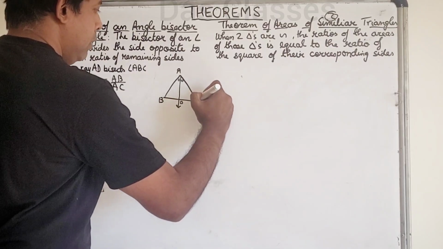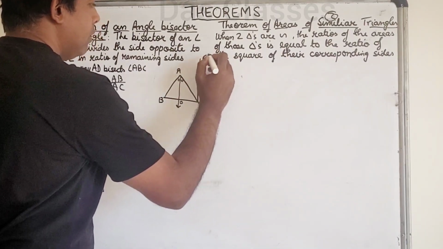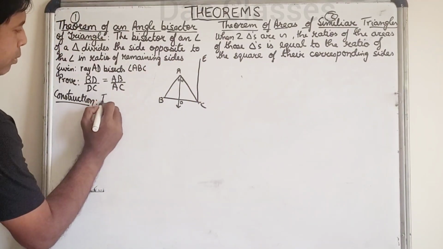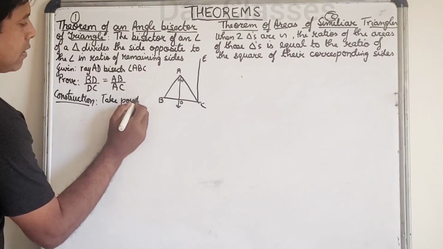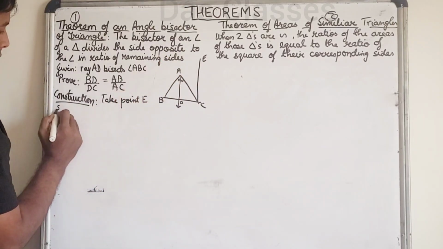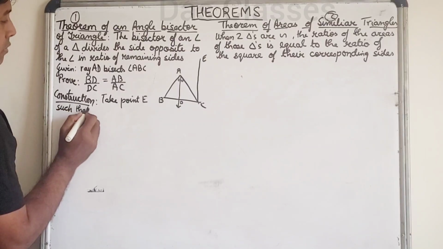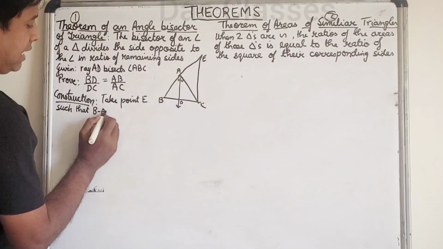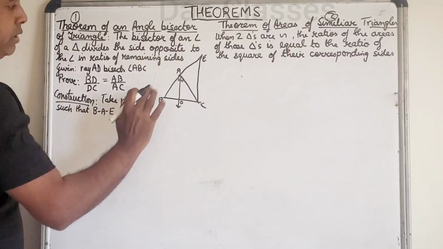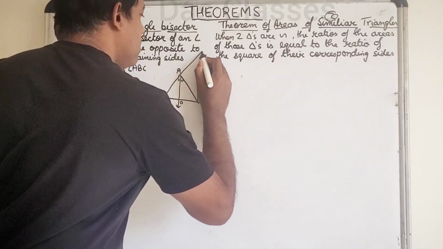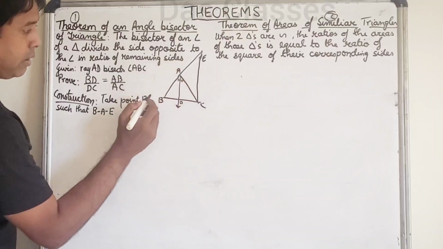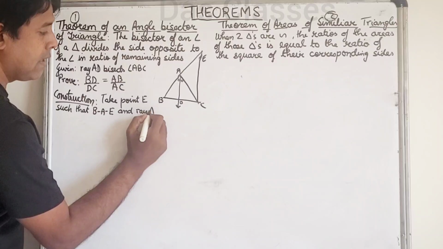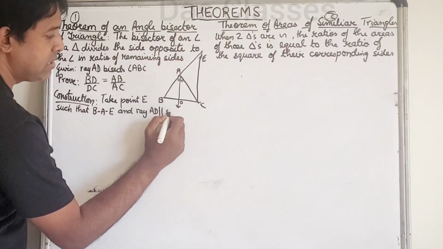We take a point E such that B-A-E are collinear points, and ray AD is parallel to segment CE.